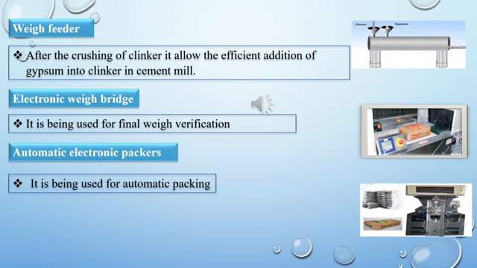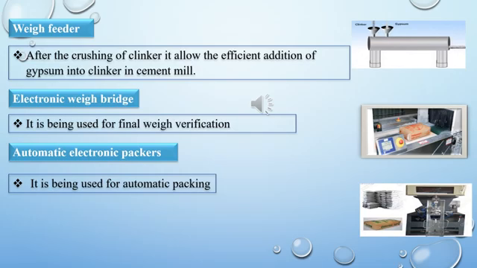After the crushing of clinker, it allows the efficient addition of gypsum into clinker in the cement mill. Next one is the electronic wave bridge. It is used for the final wave verification. And the next one is the automatic electronic packers. It is used for the automatic packing.